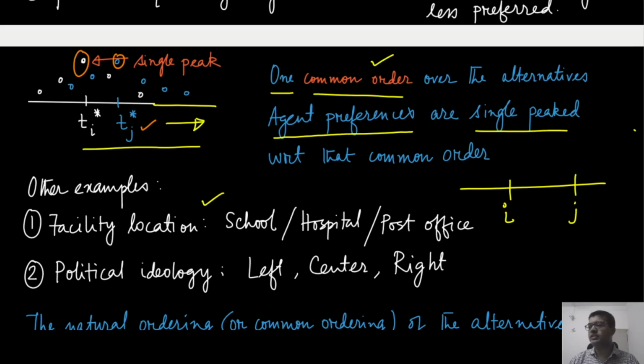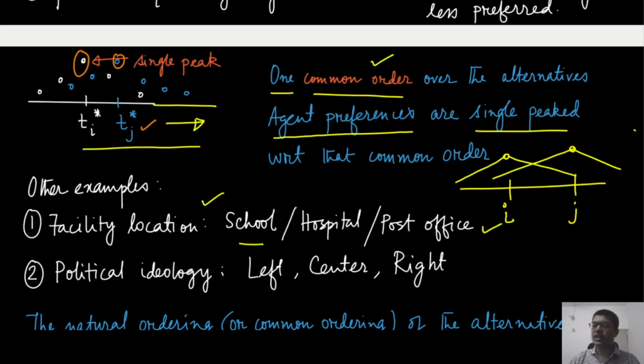If there is a facility like a school or a hospital, they want that to be located as close to their home as possible, and the preferences fall on both sides. If the facility is farther from their location, the preference goes down, and a similar thing is true for player j as well. So that is also an example of a single peak preference.